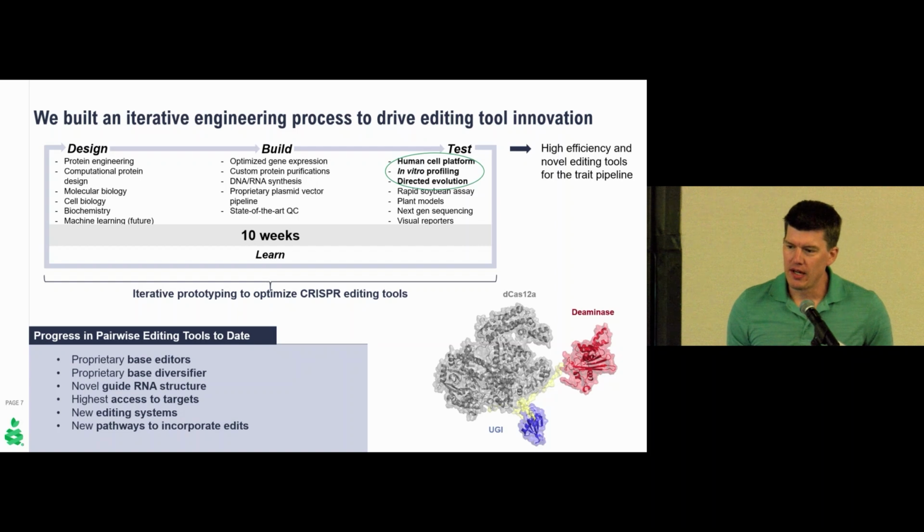So we deliberately set up a small human cell lab, also the capability to do direct measurement on enzyme biochemistry in a test tube, and a couple of directed evolution pipelines in bacteria and yeast. And we've used those three approaches together with transient and stable assays in plants to develop our CRISPR editing technologies, and using them in a coordinated way, we've been fairly successful in that.